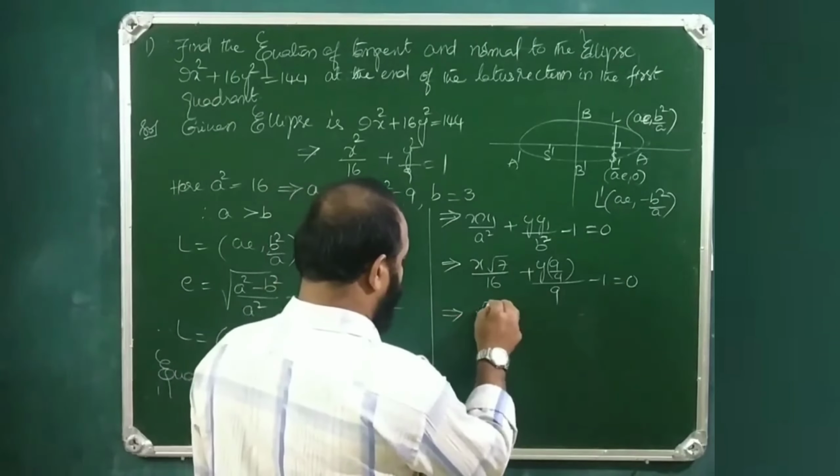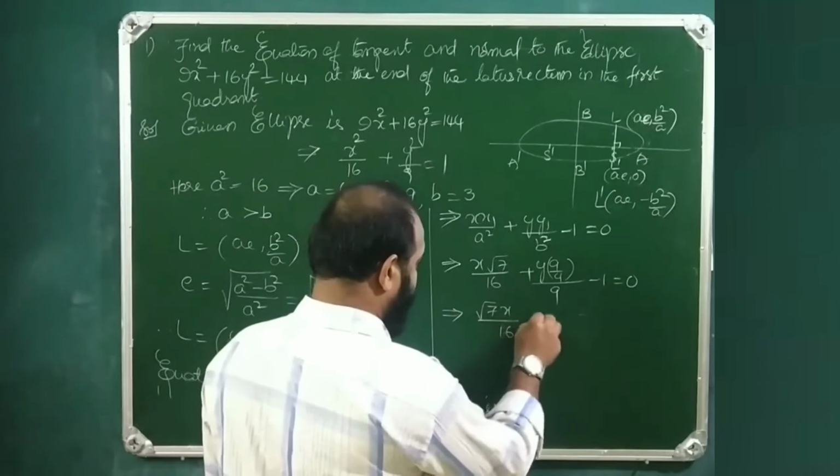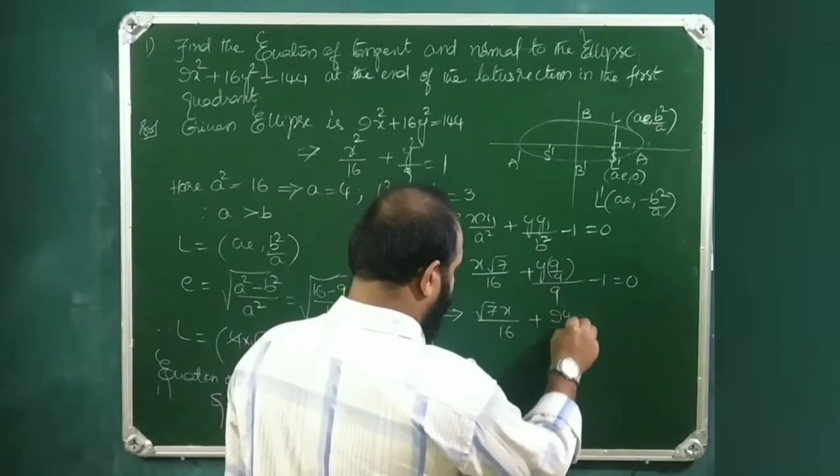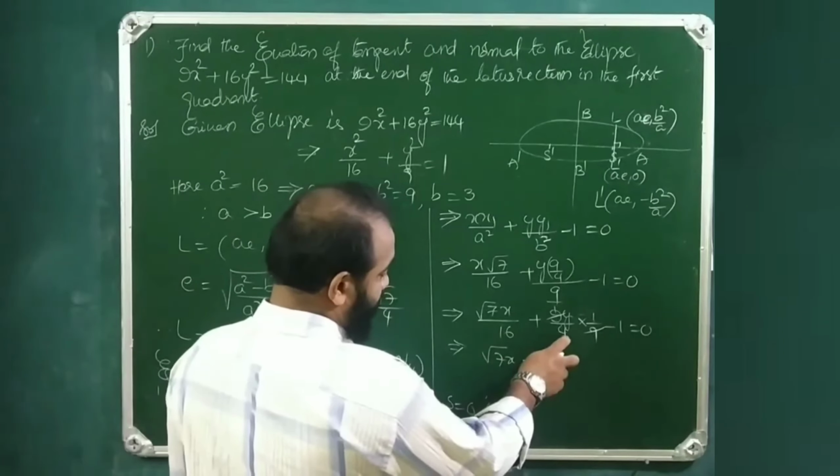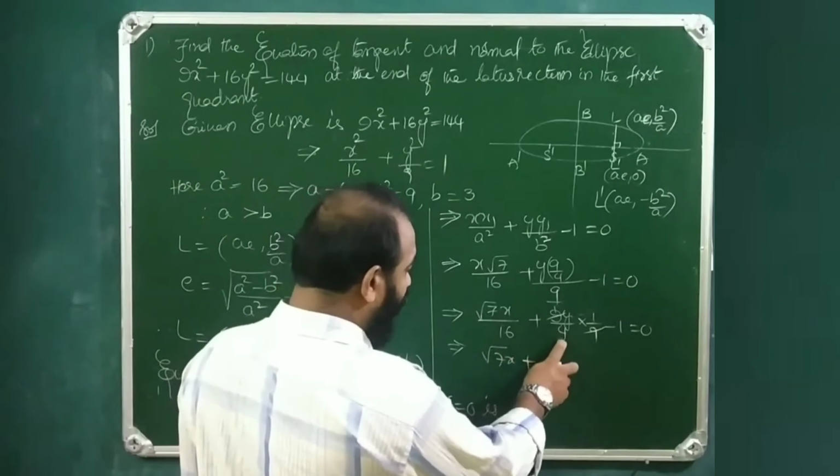So this is root 7x by 16 plus 9y by 4 into 1 by 9 minus 1 equals 0. The 9 gets cancelled. So the LCM is 16: root 7x plus 16 by 4 is 4, so 4y minus 16 by 16 equals 0. Therefore this is our equation of the tangent.